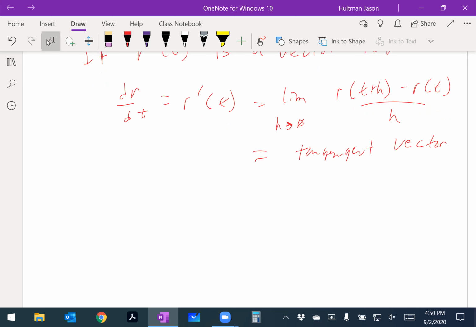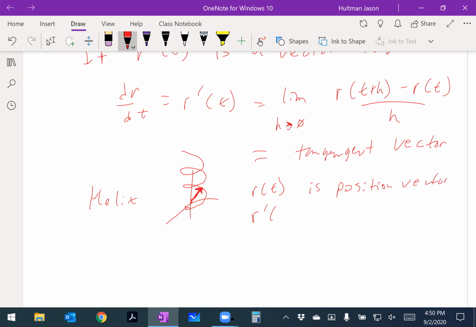Let's look at our helix. Let's look at helix the cat here. I'm sorry, helix the space curve. Our helix looks like this. And so at any given value here, we have r of t, that's my position vector.